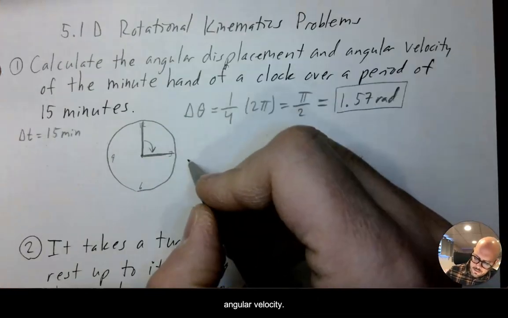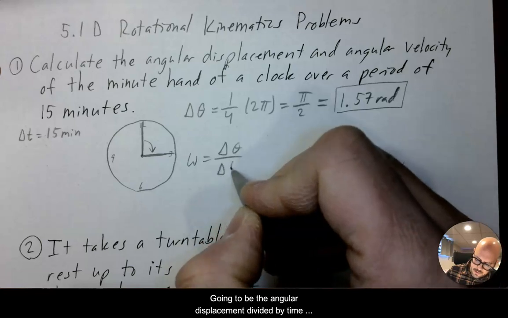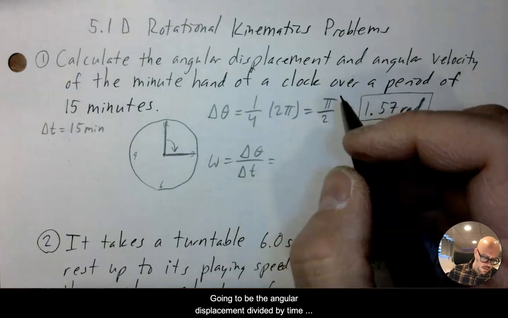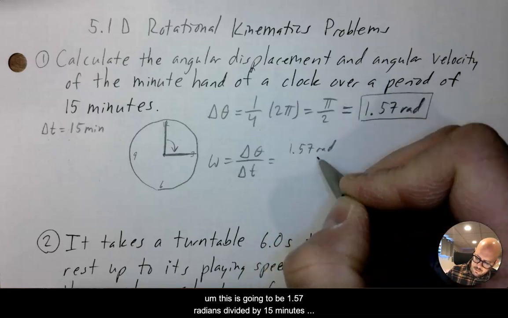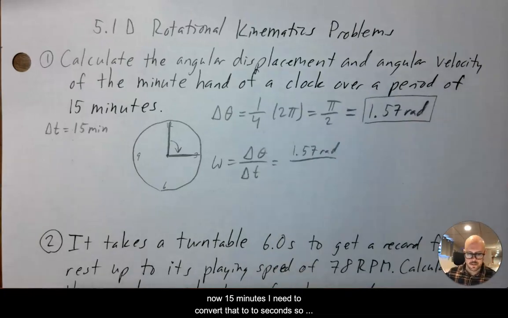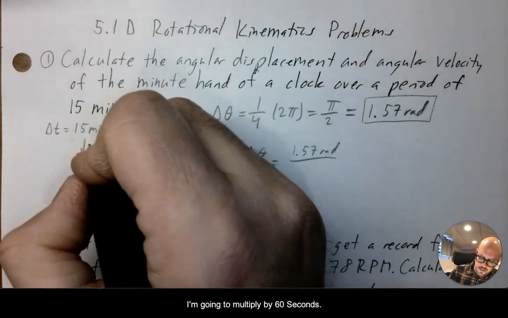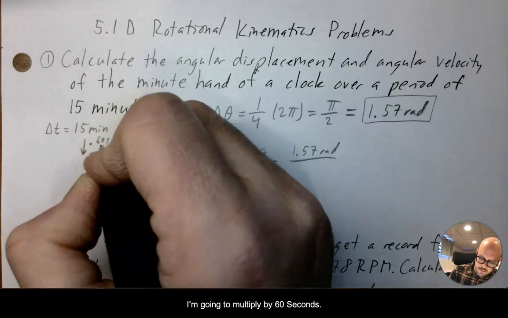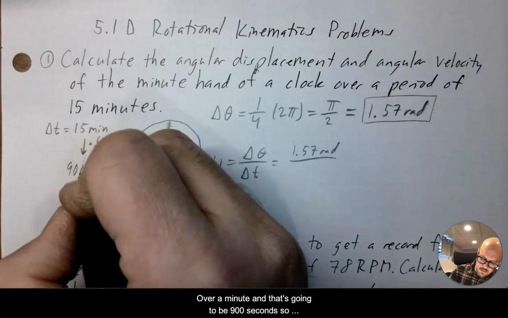The angular velocity is going to be the angular displacement divided by time. This is going to be 1.57 radians divided by 15 minutes. Now 15 minutes, I need to convert to seconds, so I'm going to multiply by 60 seconds over a minute, and that's going to be 900 seconds.